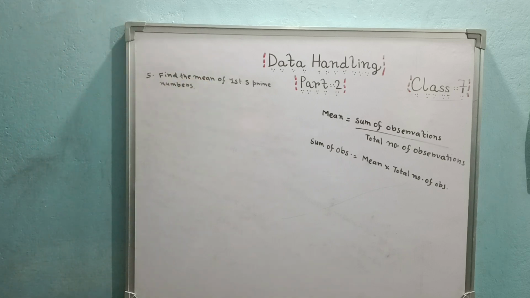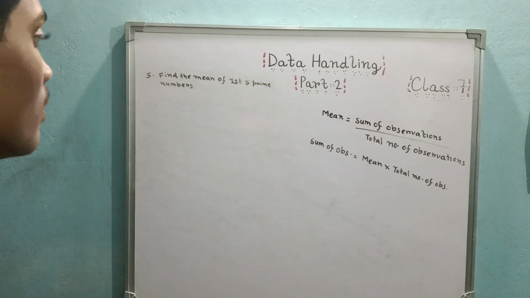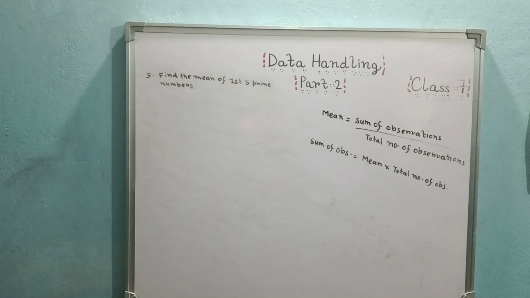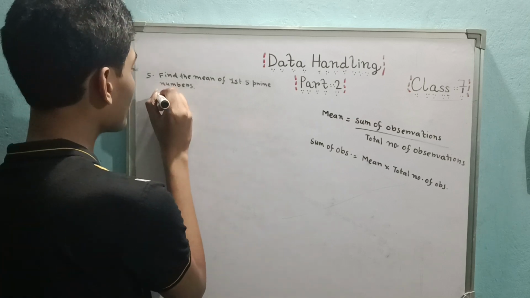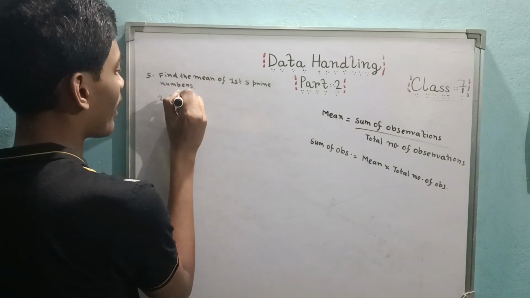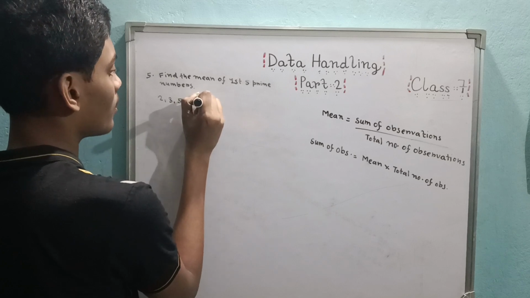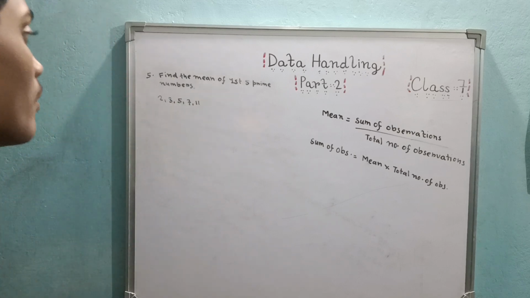This is going to be easy. So again, that's like the first question. That was for natural numbers. This is for prime numbers. The first 5 prime numbers are what? 2, the even prime, 3, 5, 7, 11.